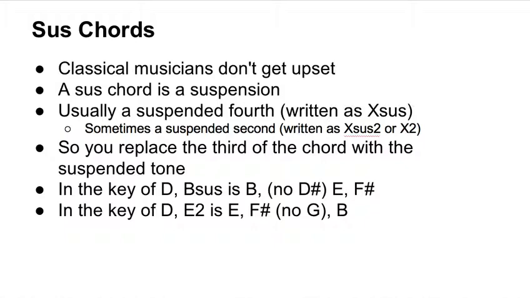You suspend the third of that chord, and so you raise it into the next tone up in the key that you're in. If we're still in the key of D, an E2 is E, F sharp, and B instead of E, G, and B. So that's how susses work. The 2 just means that you use a second instead of a third as the middle tone, and then sus just means that you use a fourth instead of a third in the middle tone.